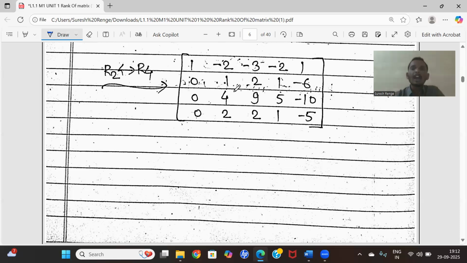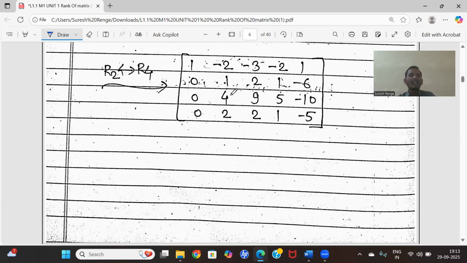Now which operations are we applying? We are changing R3 to R3 minus 4 times R2, and changing R4 to R4 minus 2 times R2.